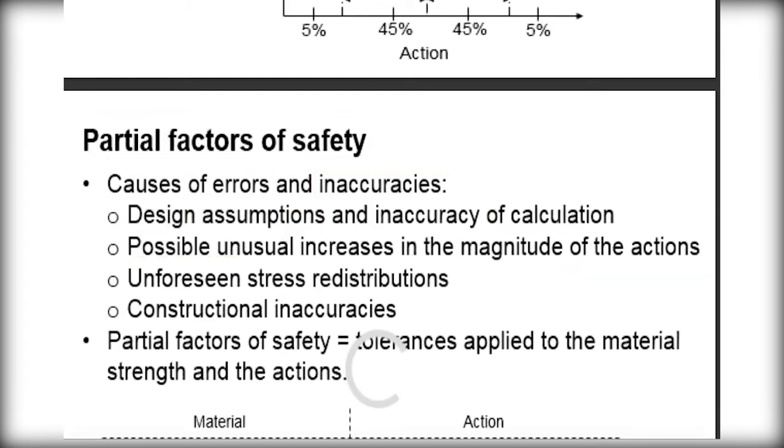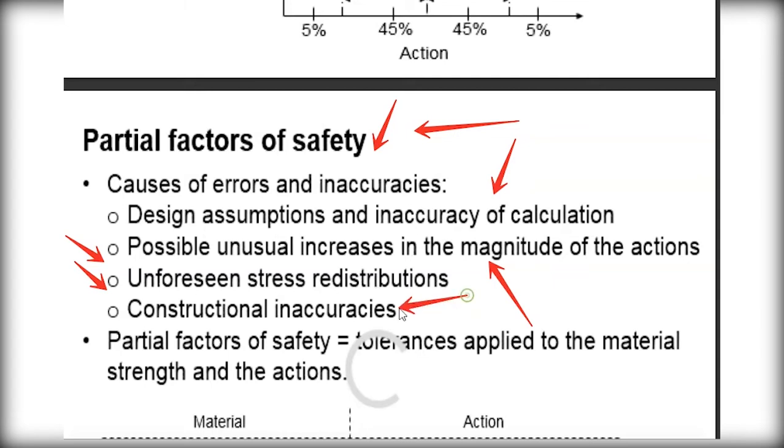So the partial safety factor has many uses. The first one, the unusual magnitude; the second, the unforeseen; and the construction inaccuracy. You can estimate grade 30, while on construction, after measuring after 28 days, the grade is lower than the grade set.